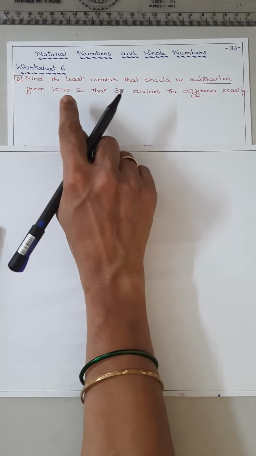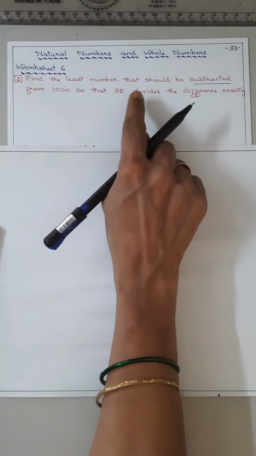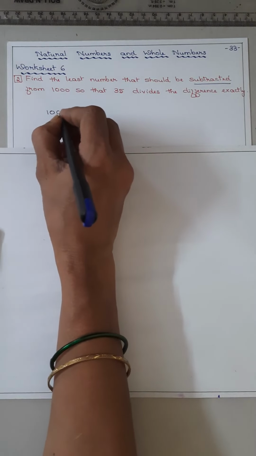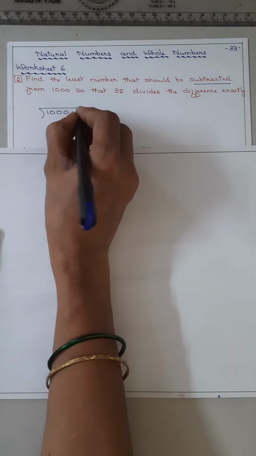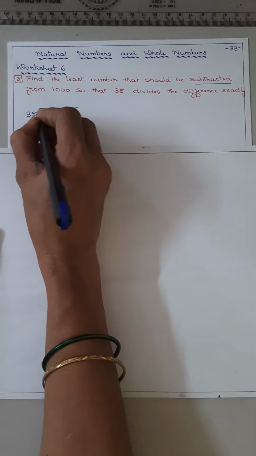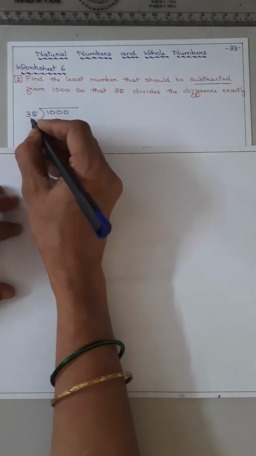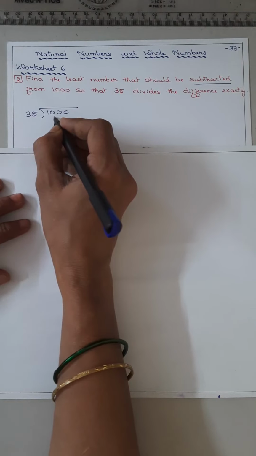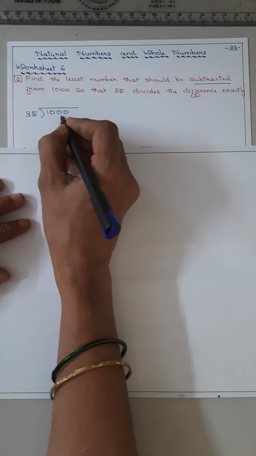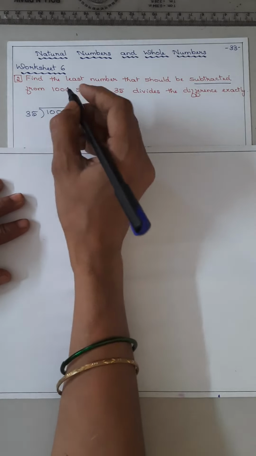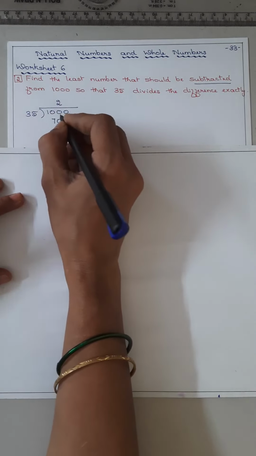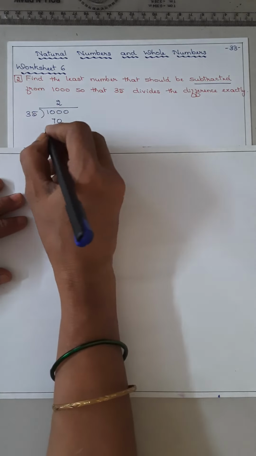First, what we have to do: 1000 divided by 35, ordinary division. So 2 digits, if you take 10, it is not enough, so we have to take 3 digits. 35 2s are 70: 2 5s are 10, 2 3s are 6, 7.